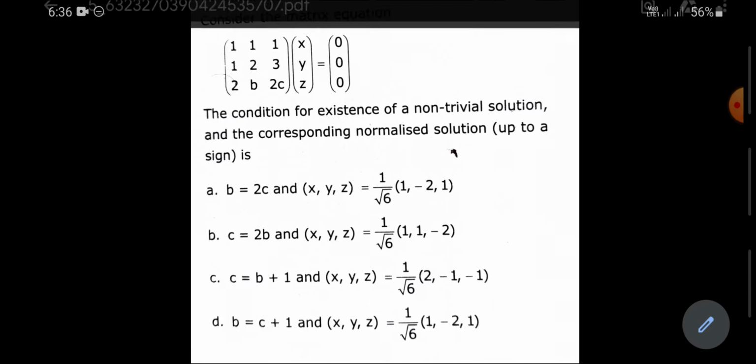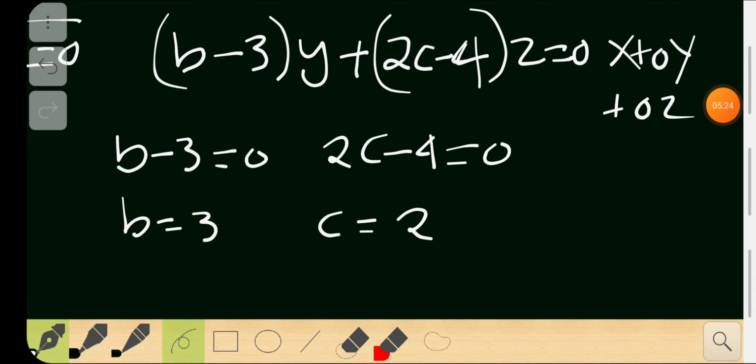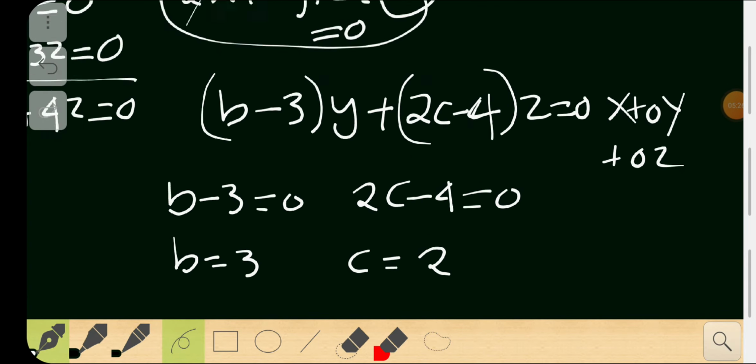But we also need to look at the normalized vector as well. Looking at the normalized vector, the option that they have given in option D is 1, minus 2, and 1. So let's substitute that and see if it satisfies. You found out the b and c values.